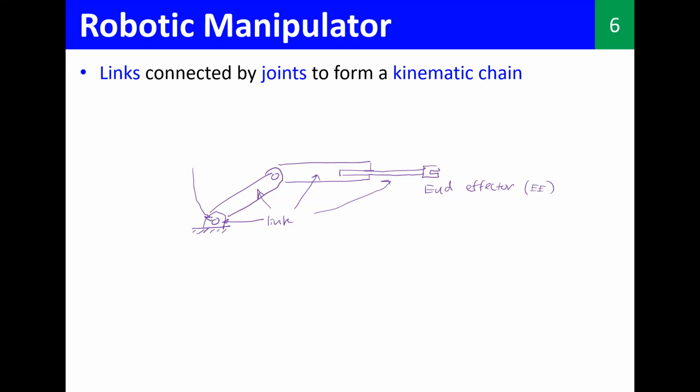And these are the joints that connect these links, right? So we have one joint over here, and also there is another joint which is a little bit different from the previous joint. Here, let's say the motion is lateral like this. So it's a change of distance in that case, right?